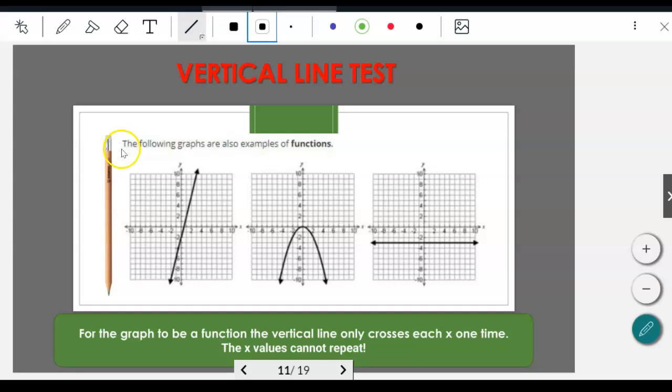I'm going to do my best to draw a straight line without it being slanted. So we can move this, and you can see that the x values are all different. Here, the same thing. All the x's are different. And here, it's not touching the x twice or more than once. So those are all examples of functions.